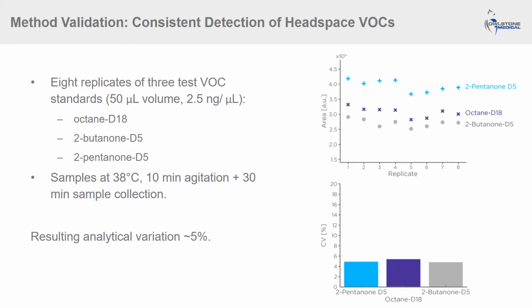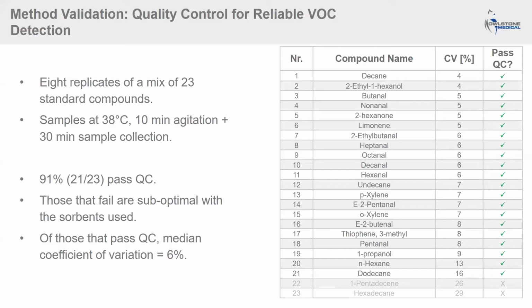So therefore, we moved further, and we used a mixture of 23 compounds. We used exactly the same methodology, so half an hour sampling at 38 degrees, 50 microliters of sample. You can see the results in the table on the right with the different compounds and the variation that they showed. 21 out of 23 compounds did pass our quality check.